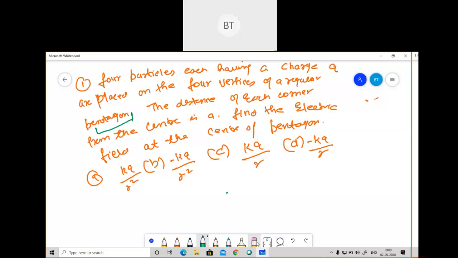I'll do one more thing. Actually, this is a square, I think, because the distance is denoted by a, so this will be a only. This will also be a.